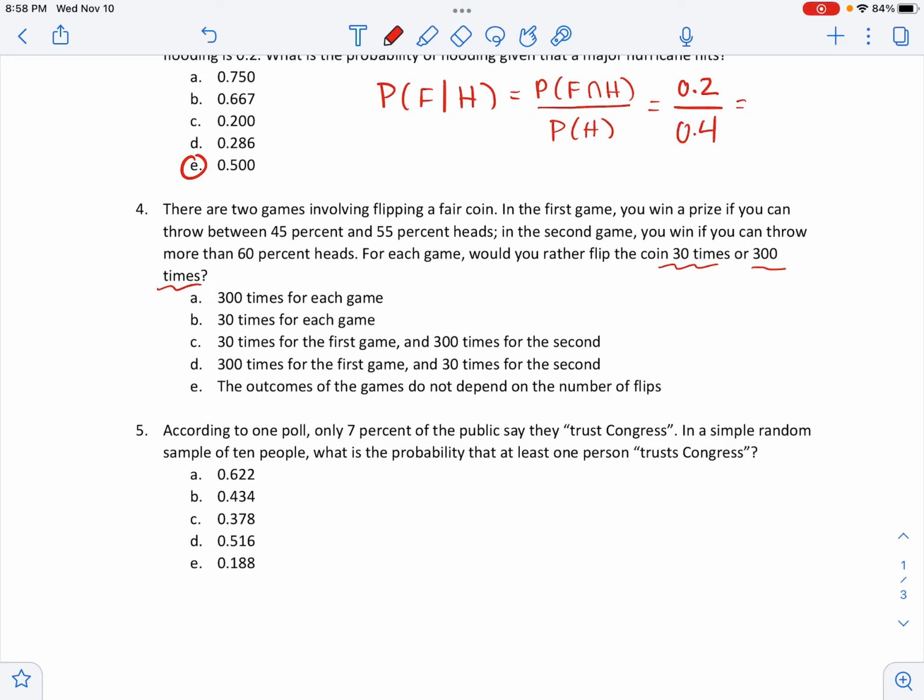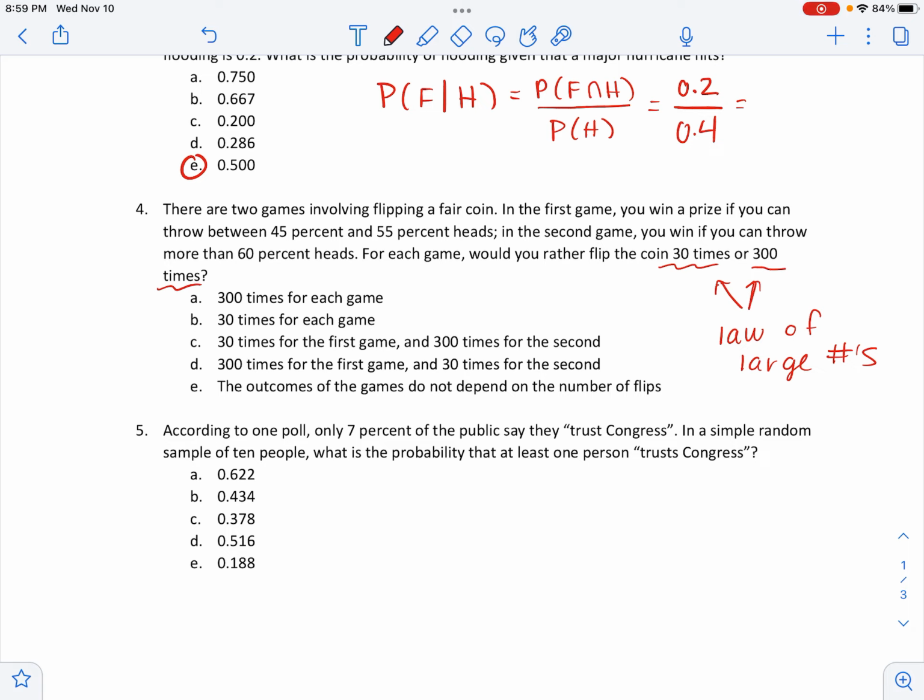What have we learned that relates to doing something 30 times versus doing something 300 times? What is the difference between only doing it 30 times versus doing it 300 times? And hopefully you're starting to think about the law of large numbers, right? We talked about how smaller sample sizes are not always as accurate as larger sample sizes.